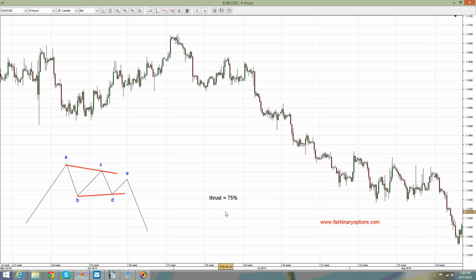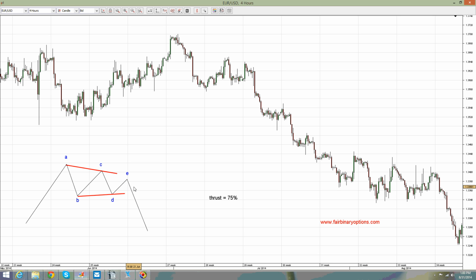If it is a horizontal triangle like this one, wave A is always going to be the longest one. If it is an irregular triangular formation, meaning the B wave is bigger than wave A, then that would be the longest, and the 75% should apply to the B wave.